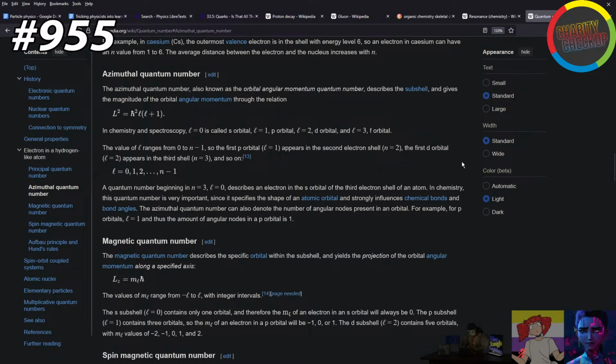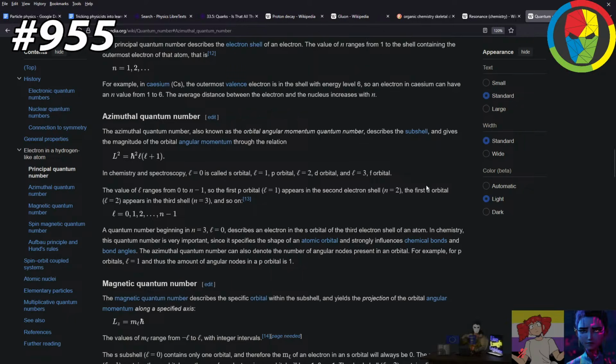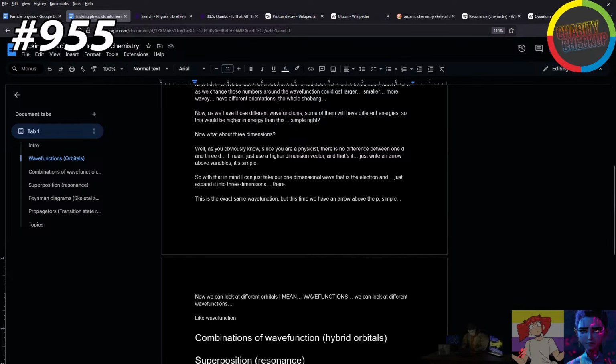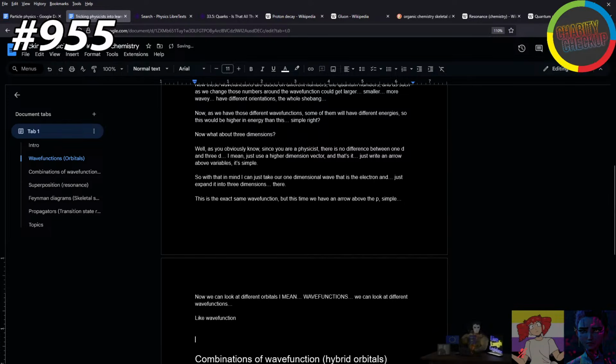It depends if this is related to energy. Yeah, the energy level. Azimuthal. So it would just be eigenvalues of energy. Okay, Hamiltonian. Azimuthal describes the structure and gives the magnitude of the orbital angular momentum. Yeah, eigenvalues of the angular momentum. Eigenvalues of the angular momentum operator. Even though, is that even the angular momentum operator? Because you have the square one.